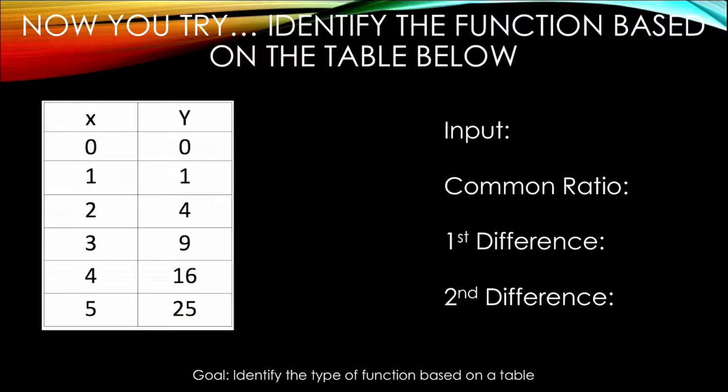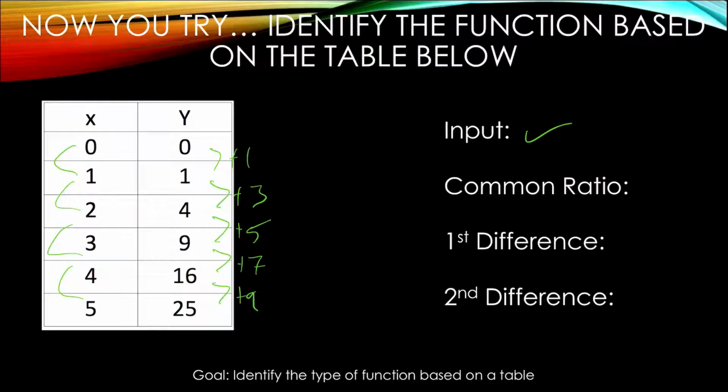Okay, so like always, I'm going to check to see if my input values are all going up by the same. We're good there. Do I have a common ratio? Doesn't look like a common ratio. Now we'll try a common difference. I'm adding 1, adding 3, adding 5, adding 7, adding 9.